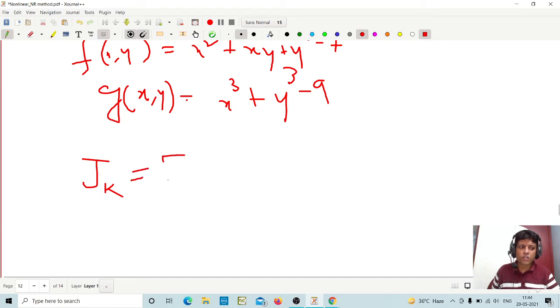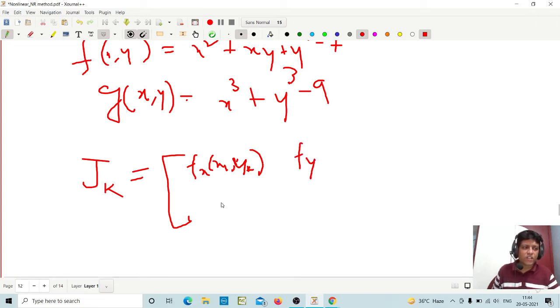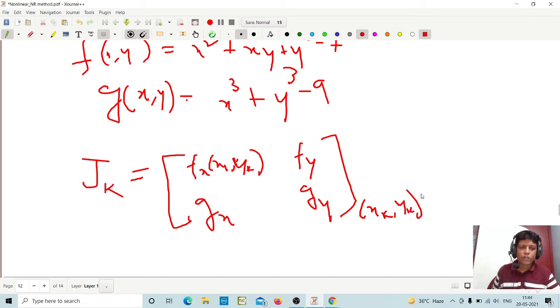What is your J_k matrix? J_k matrix is the partial differentiation, right, at (x_k, y_k): f_x, f_y, g_x, g_y. This matrix at (x_k, y_k), right? If you differentiate partially, the first element will be 2x_k plus y_k, and x_k plus 2y_k.